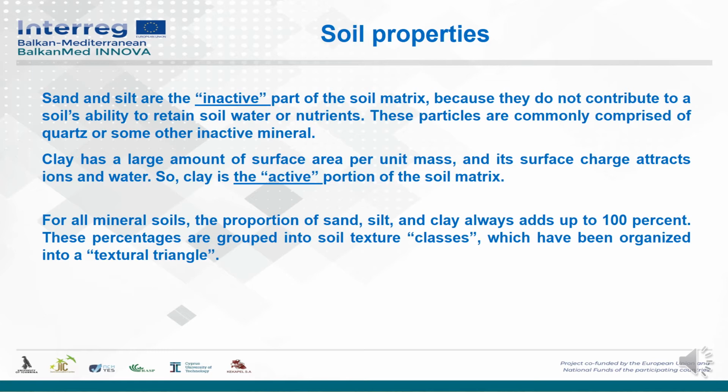Clay is an important part of the soil matrix. For all mineral soils, the proportion of sand, silt, and clay always adds up to 100%. These percentages are grouped into soil texture classes, which have been organized into a textural triangle.